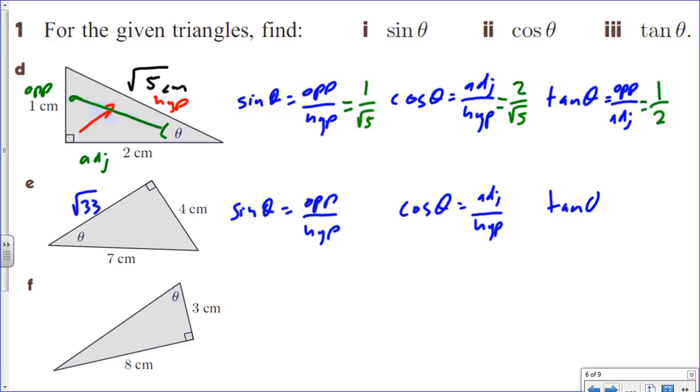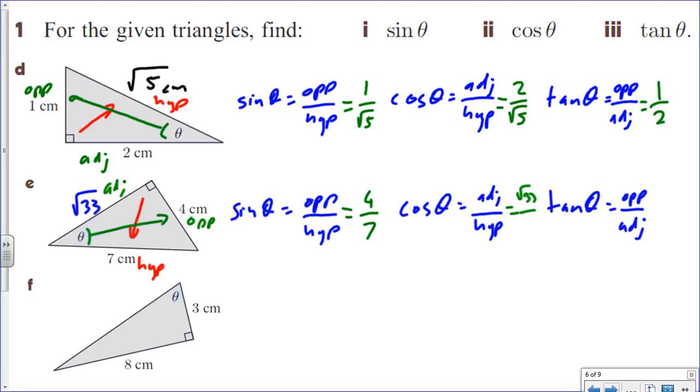And tan theta equals opposite over adjacent. So then we mark out the triangle. Hypotenuse opposite the right angle. Then we've got our marked angle there, so that's going to be our opposite side. That's going to be our adjacent side. So sine theta is going to be 4 over 7. Cos theta is square root 33 over 7. And last one, opposite over adjacent, which is going to be 4 over square root 33.